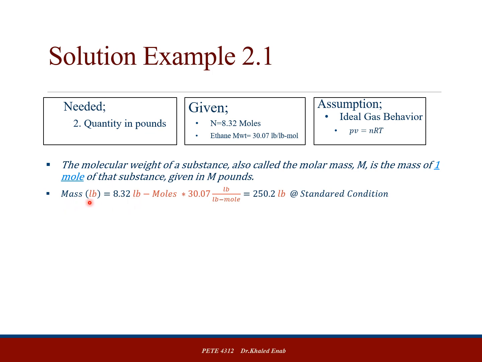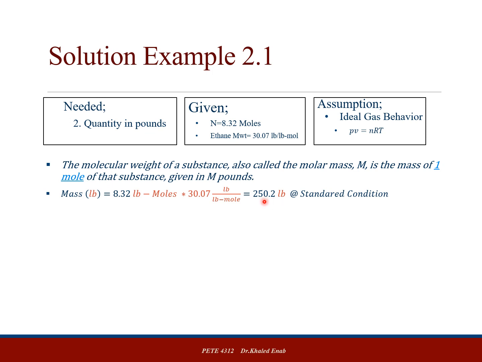So mass in pounds would equal 8.32 pound moles, how many pound moles do I have, times 30.07 pounds per pound mole, equals 250.2 pounds. So the mass of the gas I have under this condition, in the 500 cubic feet ethane tank, is 250.2 pounds.